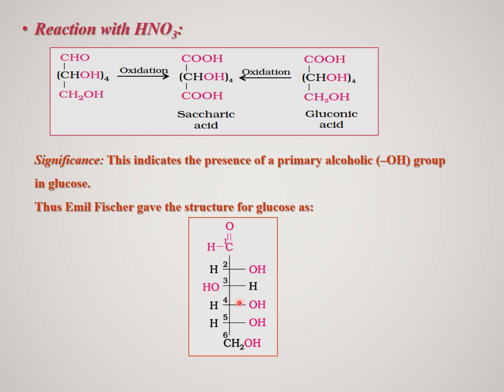The fourth carbon atom has H on the left and OH on the right. And the fifth carbon atom has H on the left, OH on the right. And the sixth carbon atom is a primary alcoholic group. So this was the open chain structure of glucose proposed by scientist Emil Fischer. In honor of Emil Fischer, the structure is also called the Fischer structure of glucose.